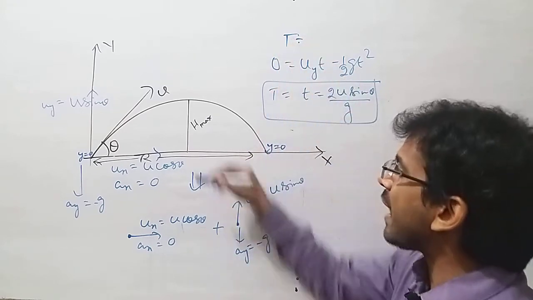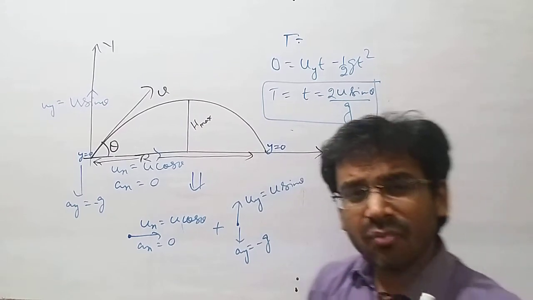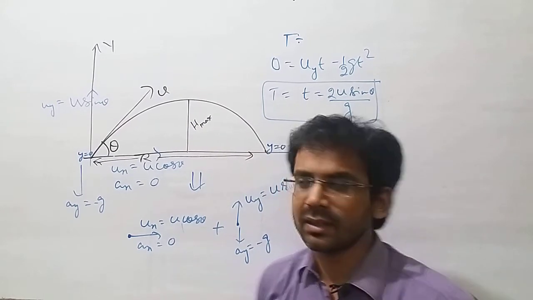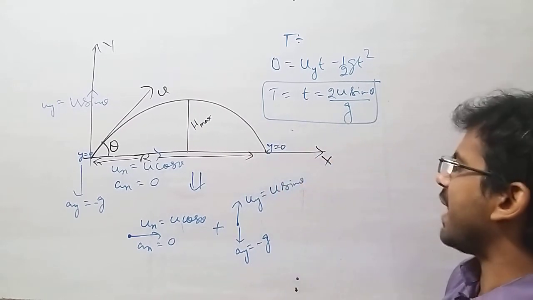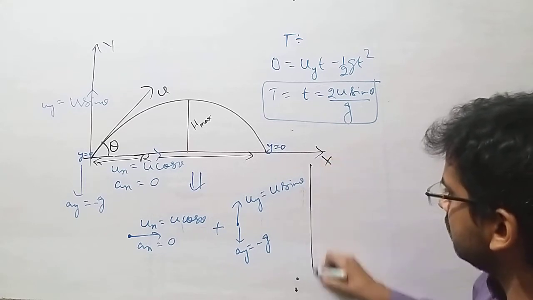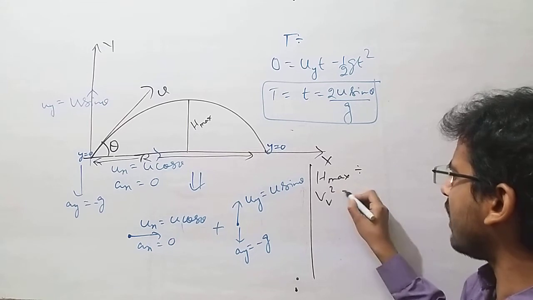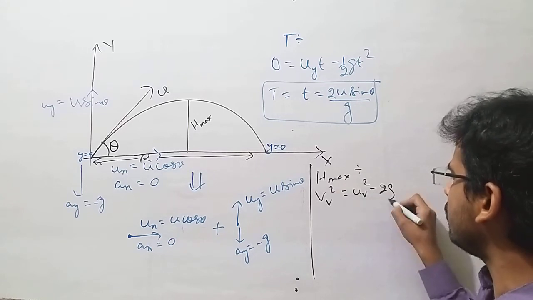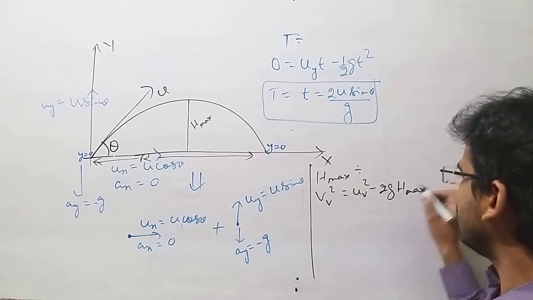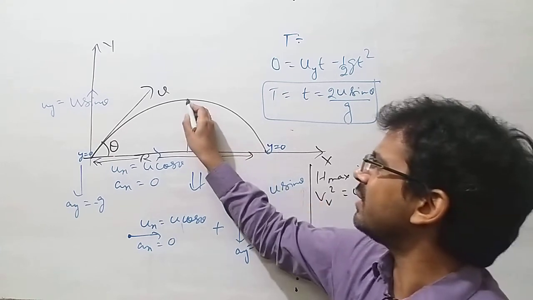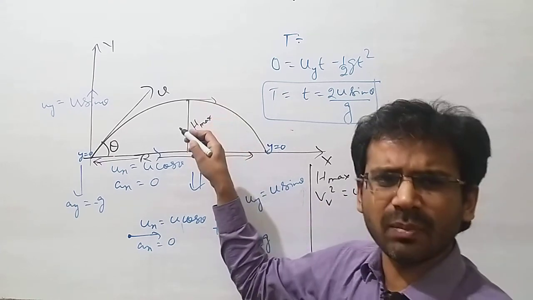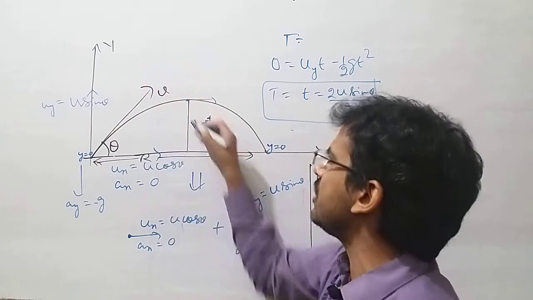Now what is the maximum height? Again the vertical motion will decide the maximum height, and for h max, v vertical square equals u vertical square minus 2g h max. At maximum height there will only be horizontal velocity, and the vertical velocity will become 0.